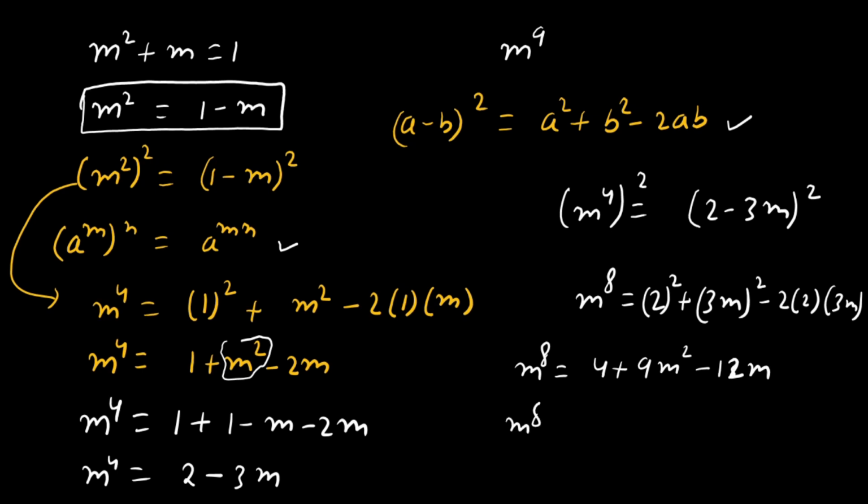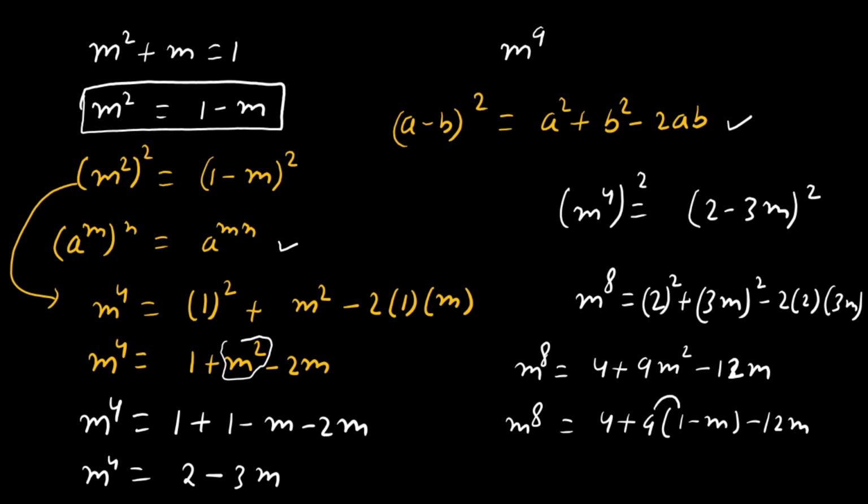M power 8 equals 4 plus 9, and m squared is replaced by 1 minus m, minus 12m.